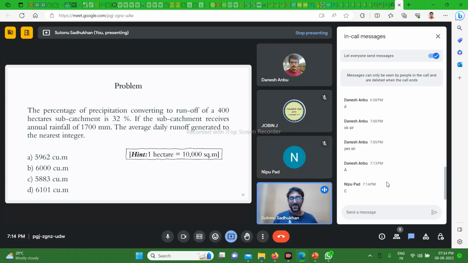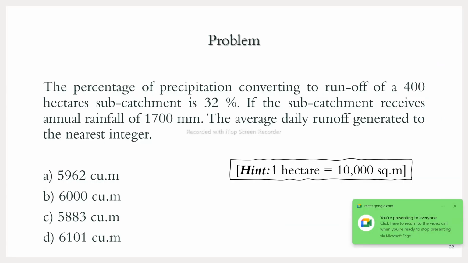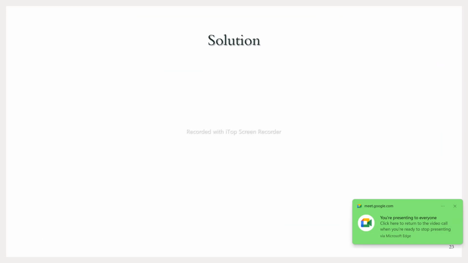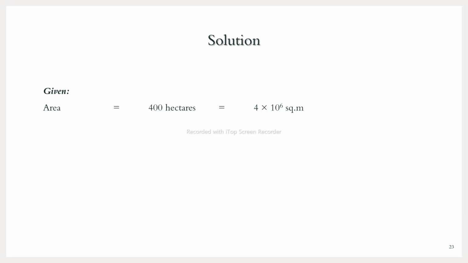Okay, so 2 minutes over. I'll be going through the solution methodology. Mostly Danesh has answered correctly, I think. As far as I remember, it will be option A. Okay, so we'll see. So this solution. The data given: the area is 400 hectares. So 400 into 10,000, that is 4 into 10 to the power 6 square meter.